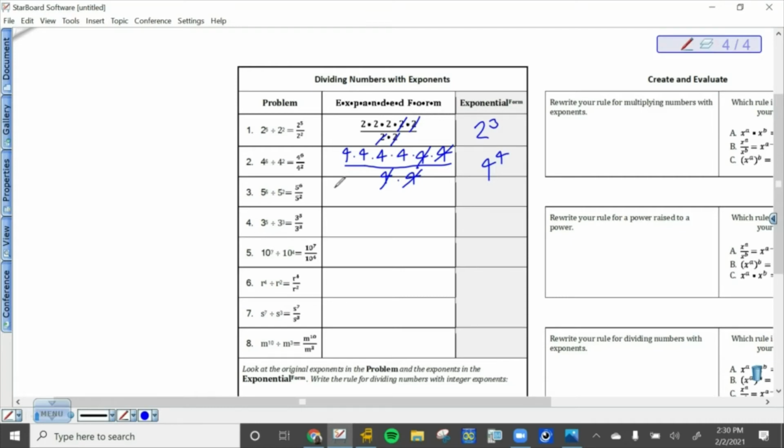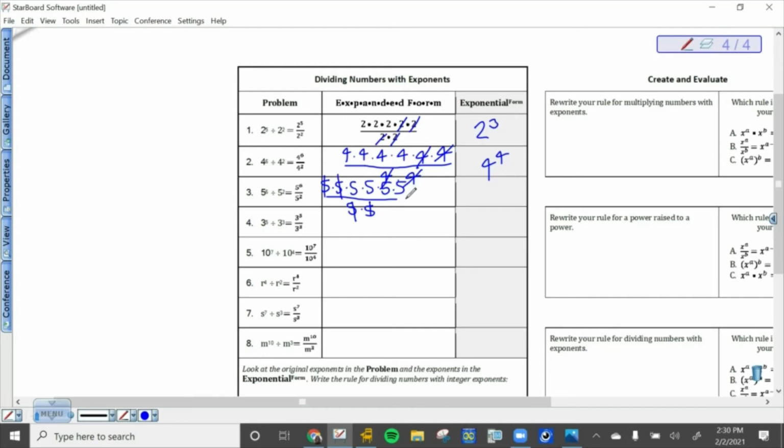Okay, now this one, 5 to the 6 over 5 squared. 5 times 5 times 5 times 5 times 5 times 5 divided by 5 times 5. Again, we can cancel out 1 from the bottom, 1 from the top, 1 from the bottom, 1 from the top.